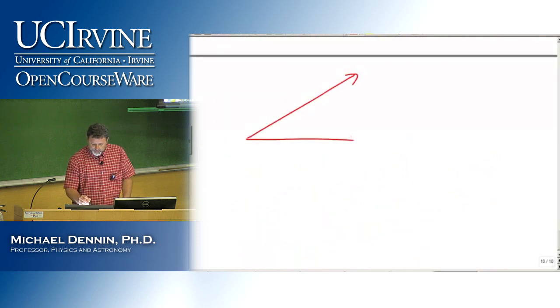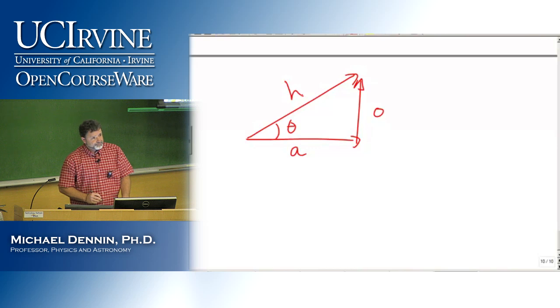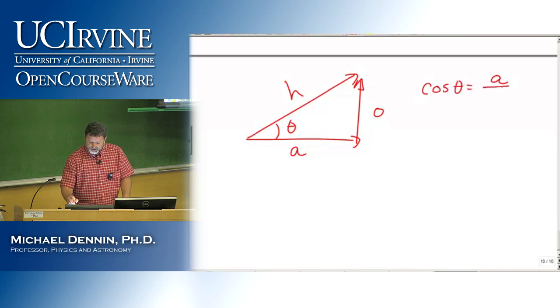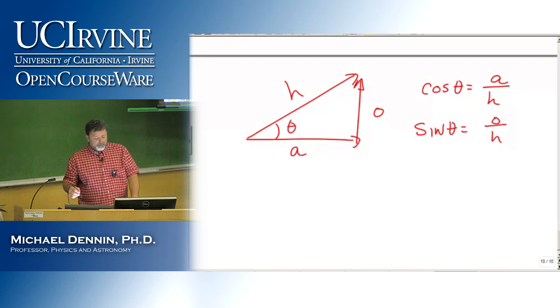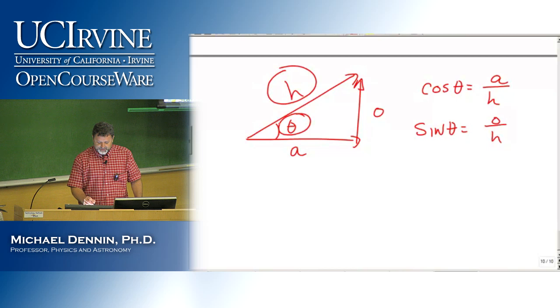I did this really quickly on Friday, right? But we will often have the adjacent, the opposite, and the hypotenuse. And you learned it as cosine theta is adjacent over hypotenuse. Sine theta is opposite over hypotenuse. The most common way we're going to be using it in our physics problems is we will know this, and we will know this, and we want to know that or that.